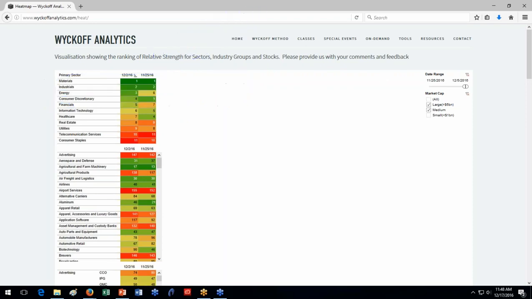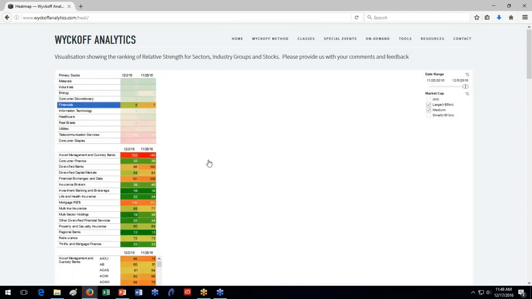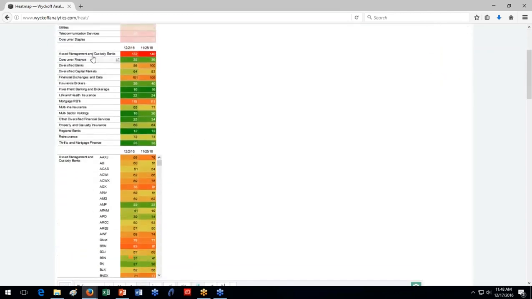So let's look at financials. So financials were more exciting. And as we go into now more of the industry group level, I'm looking basically for the same thing. I want to identify first the leadership of the industry groups.